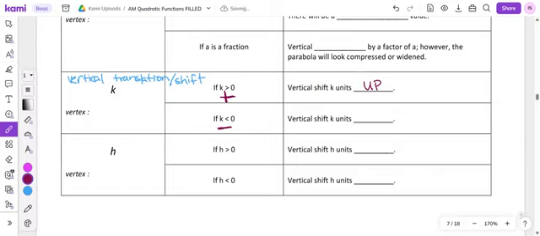And when it's less than 0, it's down. And so since it's moving up and down, there's only one coordinate of the vertex that changes. The x does not change. And then the y vertex is whatever your k is.